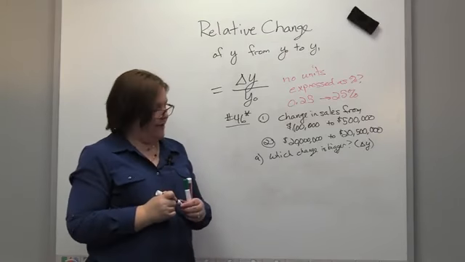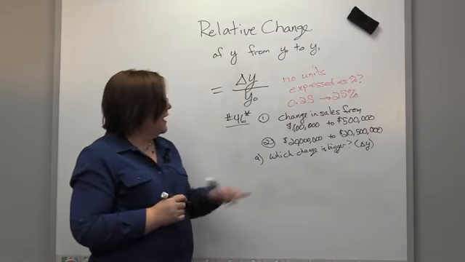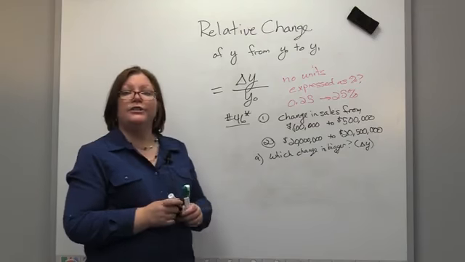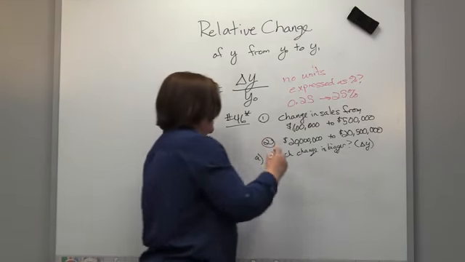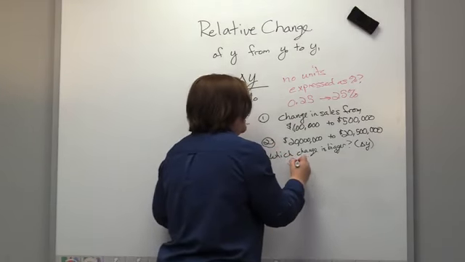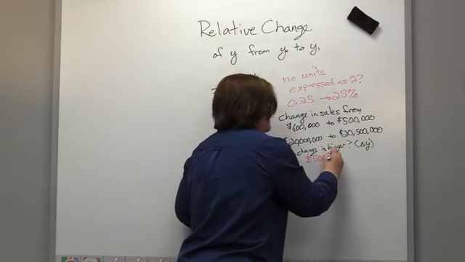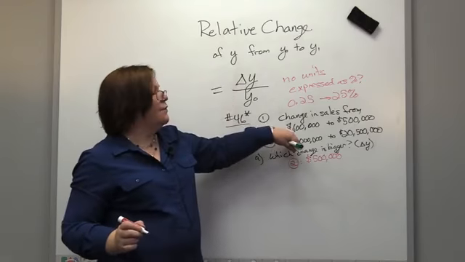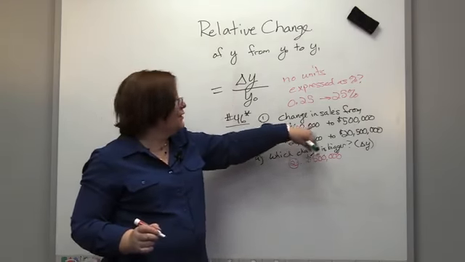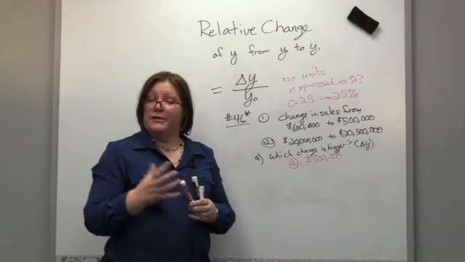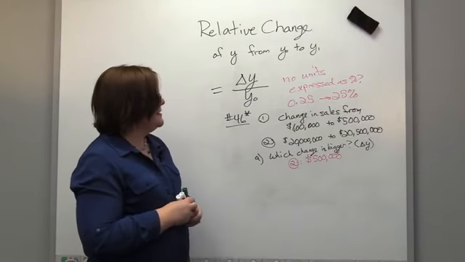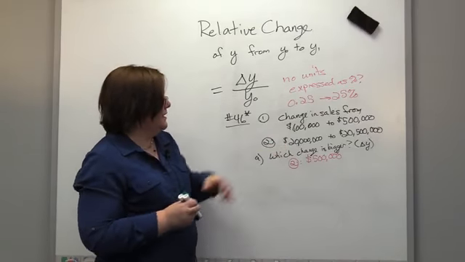What is that change in values? Situation 2 would be the answer. Situation 2, the answer is 500,000. Situation 1, the change was only 400,000. Both are pretty decent changes in sales, but this one is bigger.